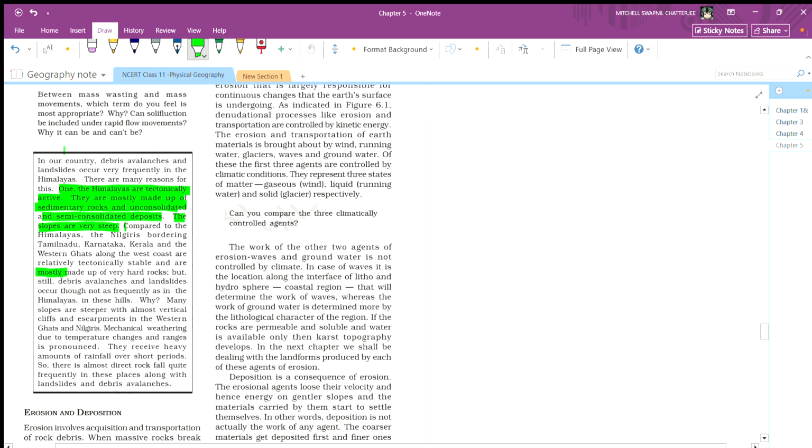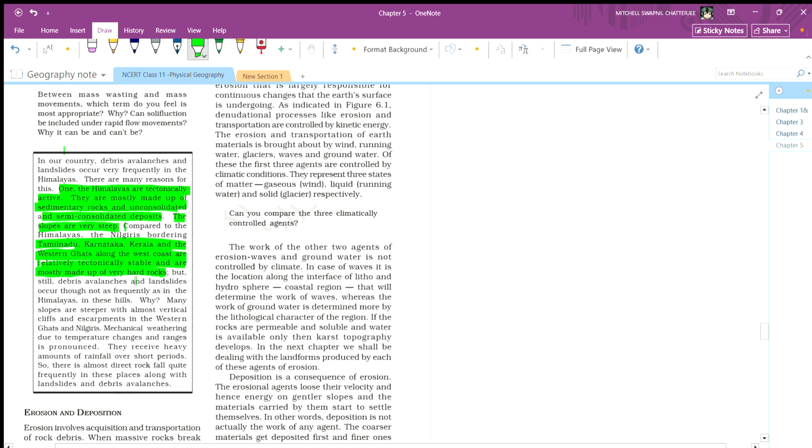It is made up of lava. The Himalayas are basically fold mountains, formed by folding.